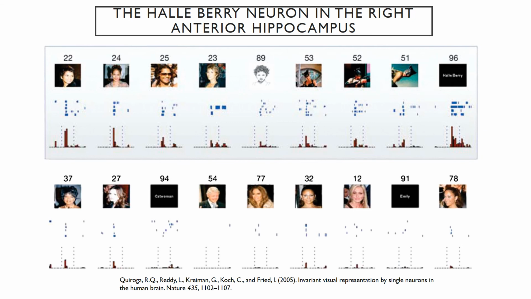One particular neuron that was seen here, they were showing different faces of individuals. When they showed this person the face of Halle Berry, this neuron fired. So that's shown here. This is the raster plot across multiple presentations of Halle Berry. During the presentation, you can see that this neuron really liked it and fired pretty soon after the presentation of this particular face.